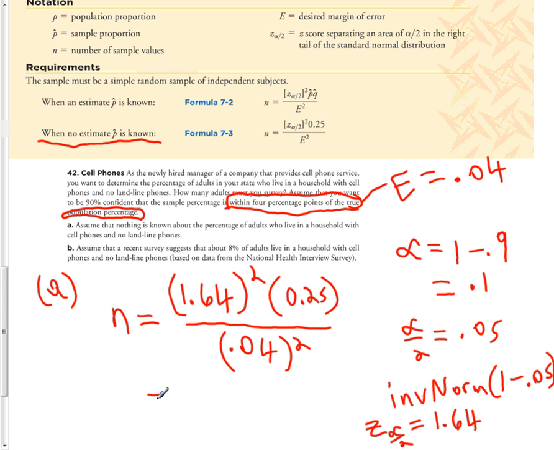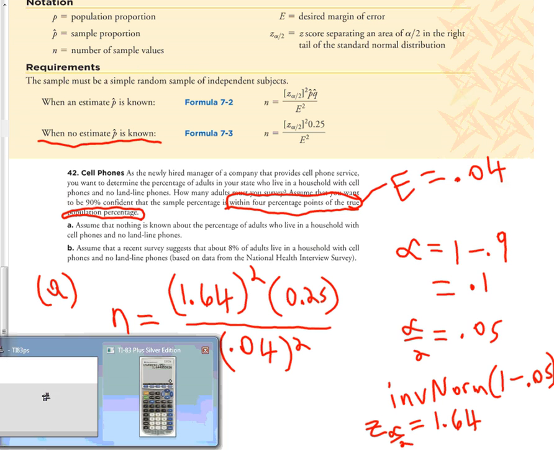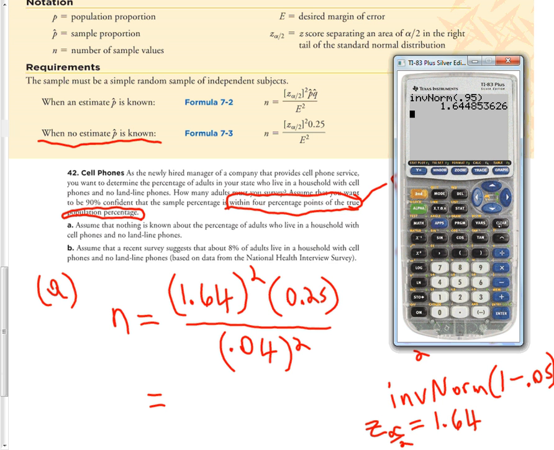So let's find out what this is equal to. So we'll take this and we'll plug all that information in. So we'll have 1.64 squared times 0.25 divided by, and then I'm going to put in parentheses 0.04 squared. Close the parentheses, and we get a sample size of 420.25.